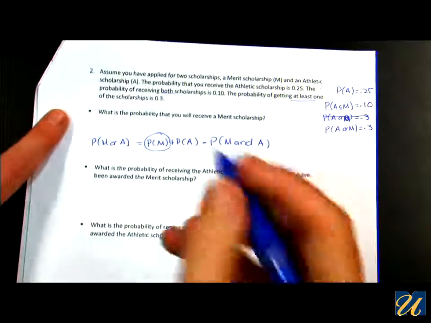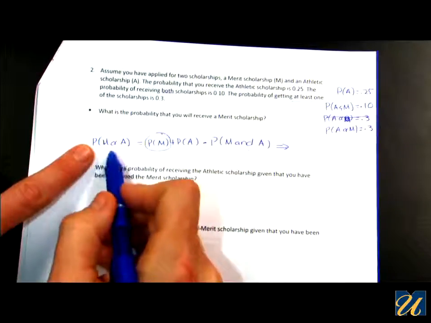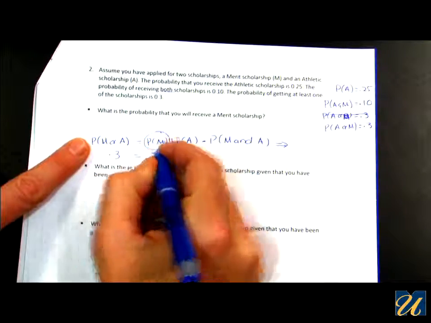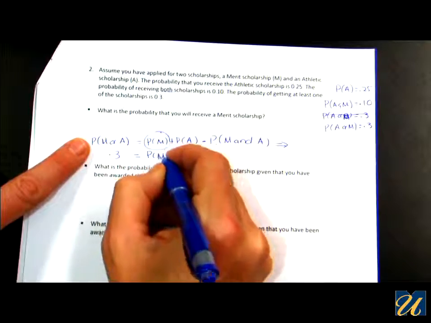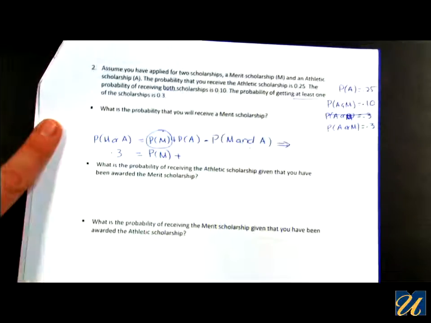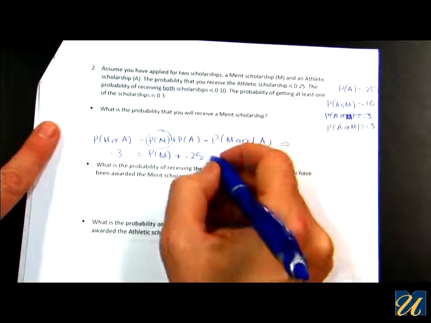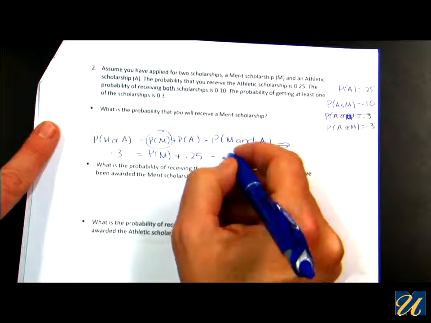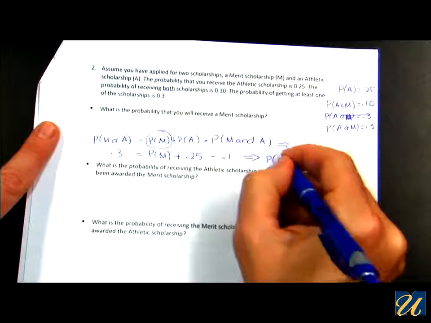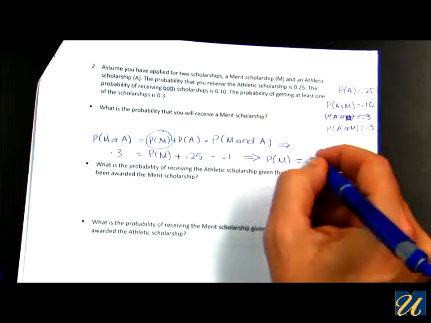If you plug in the numbers, M or A is 0.3, equal to the probability of receiving a merit scholarship plus probability of receiving an athletic scholarship, 0.25, minus both, which is 0.1. If we solve for the unknown, we will see that the probability of receiving a merit scholarship will be equal to 0.15.